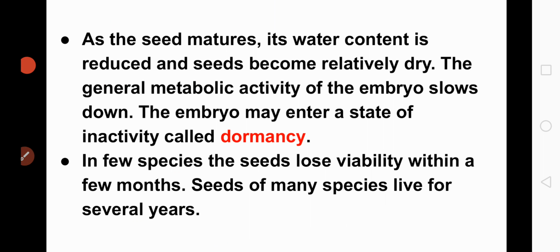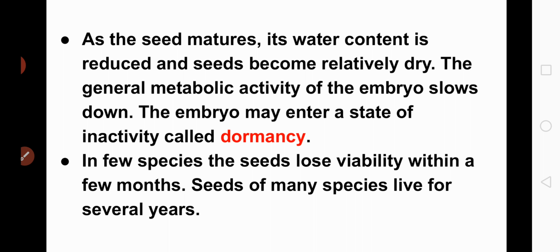The next topic is seed dormancy. As the seed matures, its water content is reduced and seeds become relatively dry. The general metabolic activity of the embryo slows down and the embryo may enter into a state of inactivity, which is called dormancy.